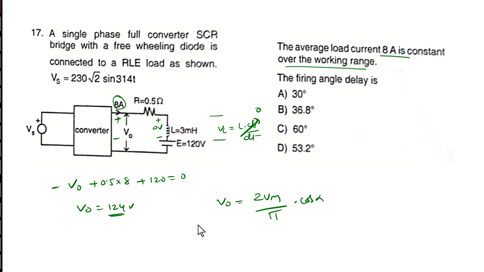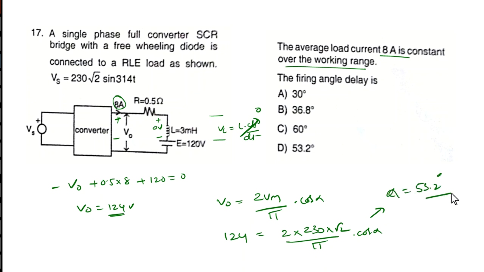We know the V0 value, 124, is equal to 2 into Vm, where Vm is 230 into root 2, divided by pi into cos alpha. Once you substitute and do the calculations, alpha will be 53.2 degrees. So the answer will be D here.